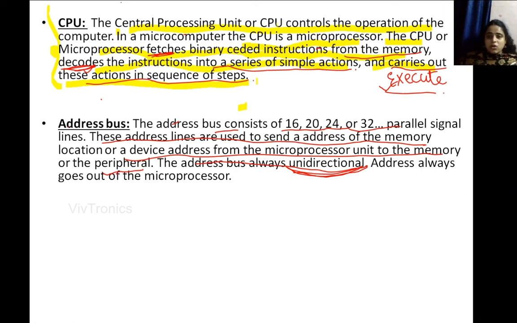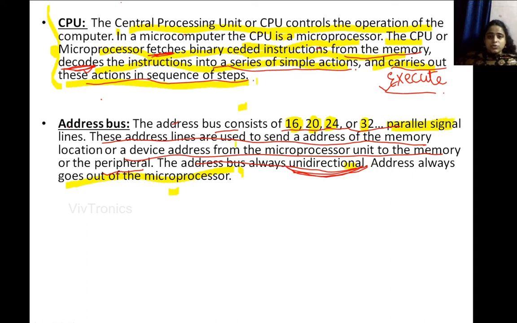So address always goes out of the microprocessor. Here, the address bus consists of lines like 16 address lines, 20, 24, 32. These are all parallel signal lines. So address is nothing but a combination of parallel signal lines.